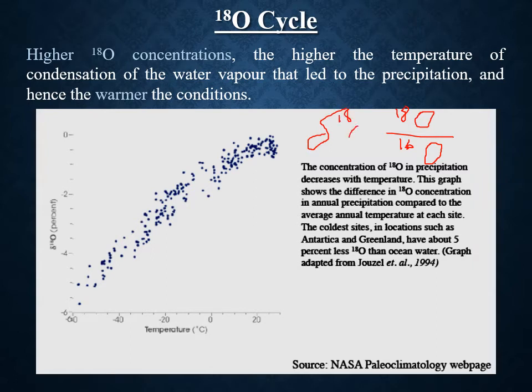This delta 18O shows higher values, that means enriched in the heavier isotope of oxygen, when the average temperature is high. That means more and more evaporation will occur, so lots of oxygen of different isotopes will go into the vapor state, and thereby in the polar regions a lot of snow precipitation will occur.